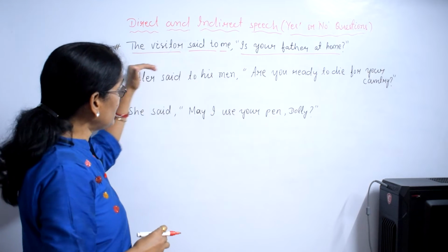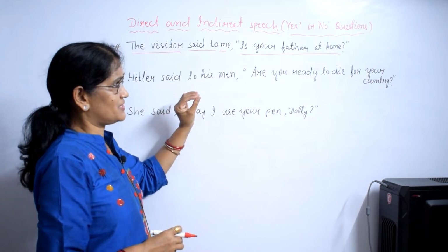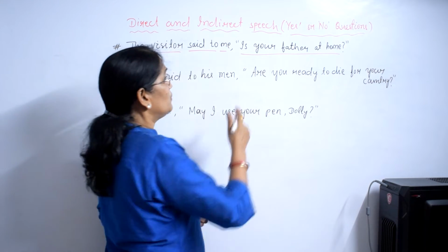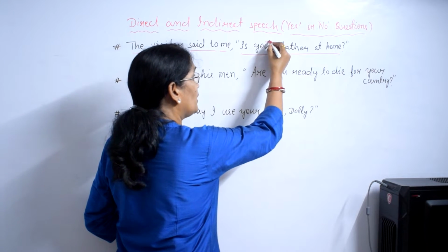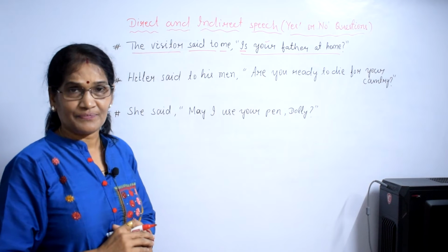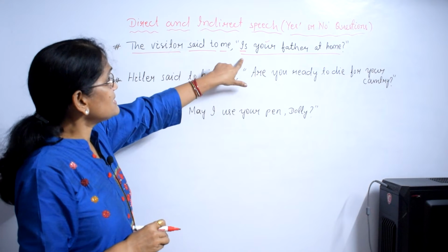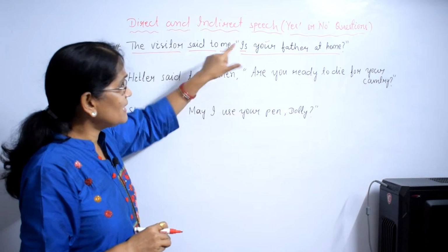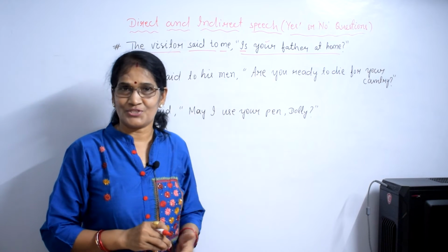We have to identify such portions, and also we have to identify the pronoun and verb. As this sentence starts with one auxiliary verb, this is one yes or no question.